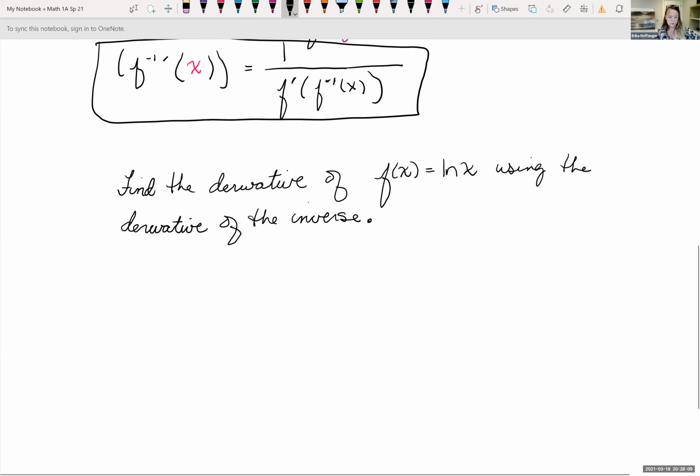Today we're going to prove it by using what we just derived, the derivative of the inverse function. So find the derivative of f of x equals ln of x using the derivative of the inverse. So we need to remember what the inverse function is of f of x. And so the inverse of f of x is e raised to the x power.